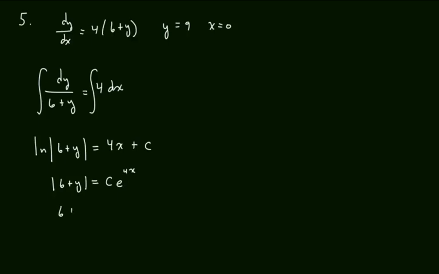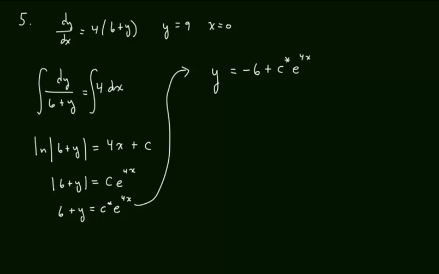Then I have 6 plus y equals c star e to the 4x. Bring that over here. So now y is equal to negative 6 plus c star e to the 4x. Plugging in my condition, 9 equals negative 6 plus c star e to the 0. Therefore, c star equals 15.